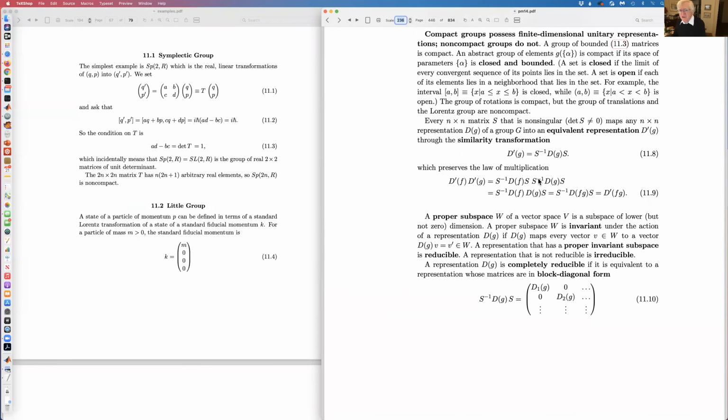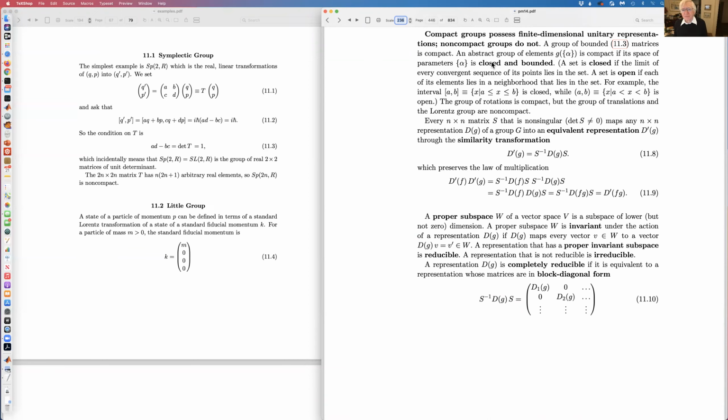One thing which we don't need to dwell on, but I'll just mention, is that compact groups possess finite dimensional unitary representations, but non-compact groups do not. And so you might say, well, wait a minute now, the Lorentz group is non-compact, and we represent it by unitary transformations, and unitary transformations are compact in some sense because U adjoint U is the unit matrix or unit operator.